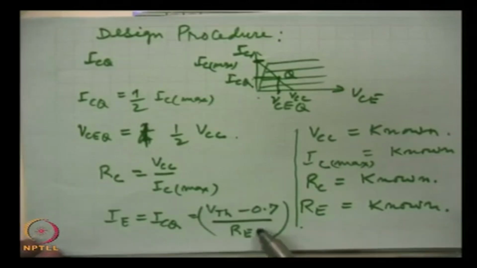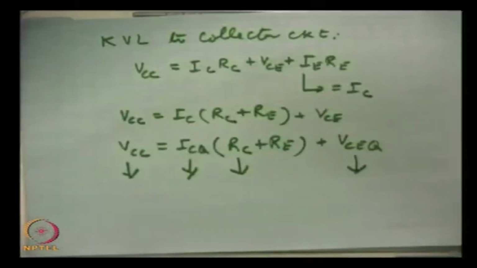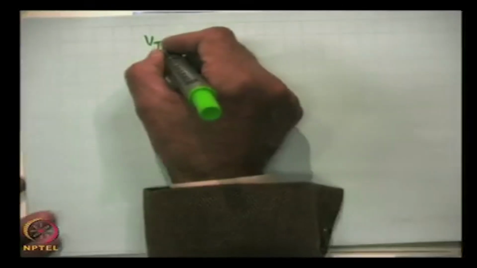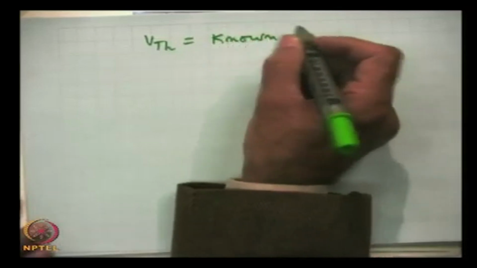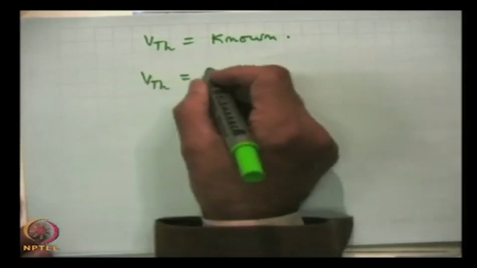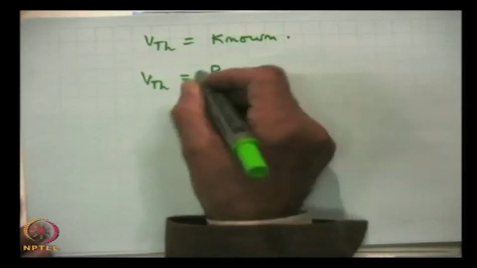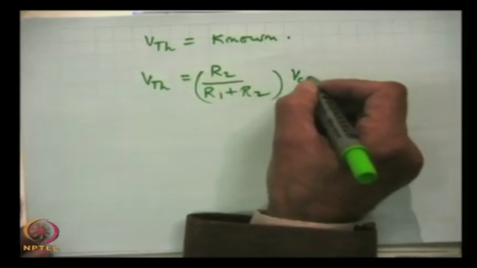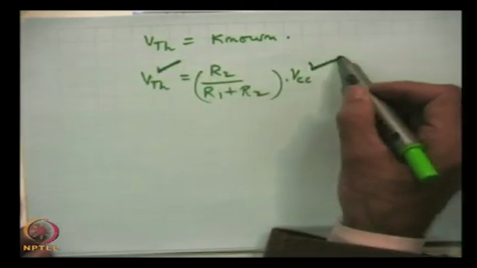Now, here this is known, this is known. So, we can calculate the value of VTH. VTH is now known, its magnitude is known, and VTH is equal to R2 by R1 plus R2 into VCC. So, this is known, this is known.